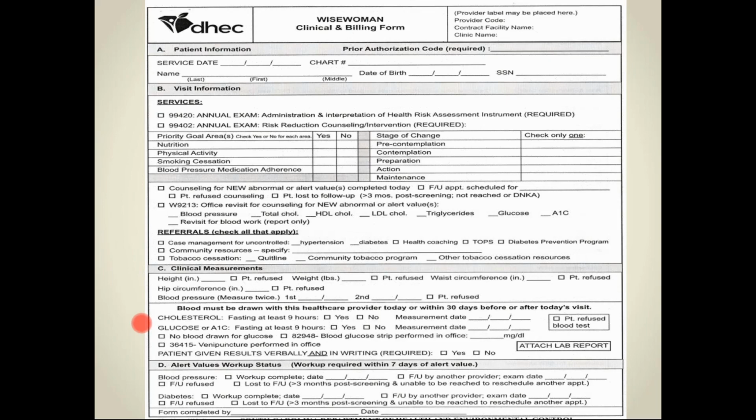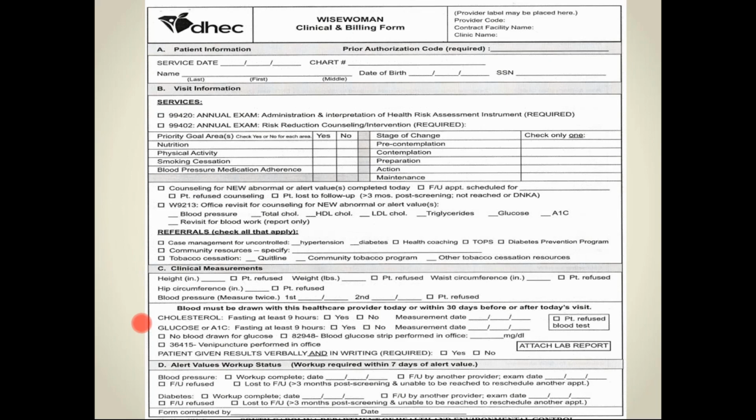So when we do these lipid panels, we need a fasting status, because there are two payment types as far as that is concerned. If the patient is not fasting and they do a full lipid panel, you will not be reimbursed for that.